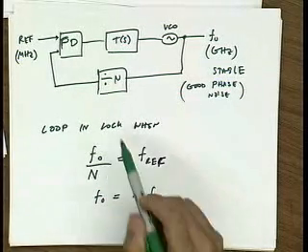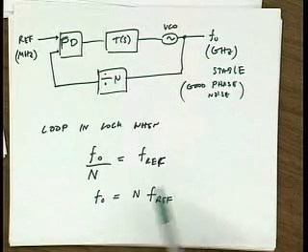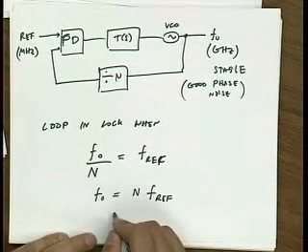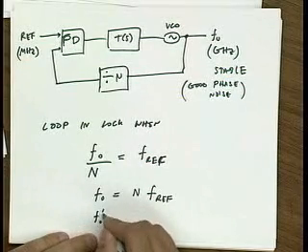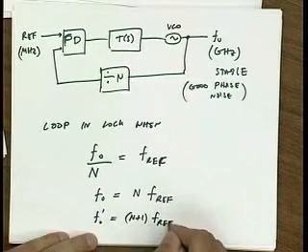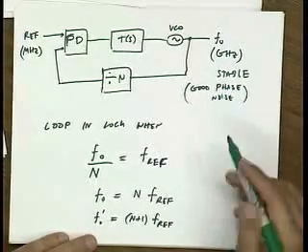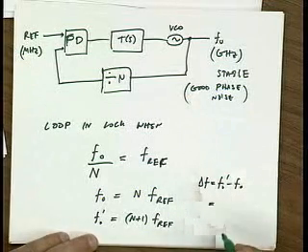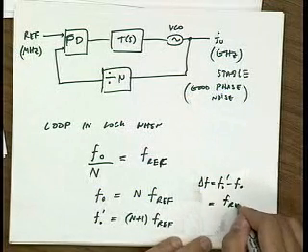And since it's relatively easy to change the divide by an integer, that means that I can also easily achieve, let's say, N plus 1 times f-ref. So I can control the output within a resolution of exactly f-ref.